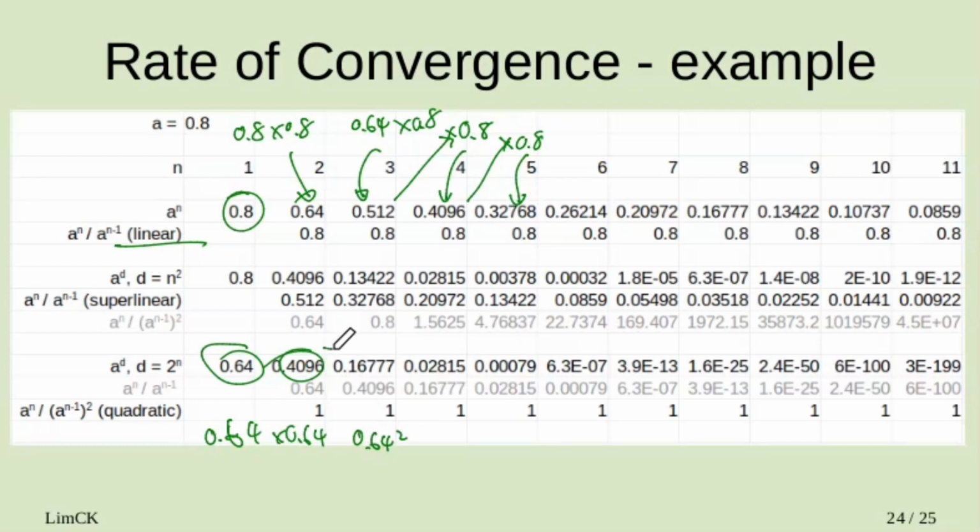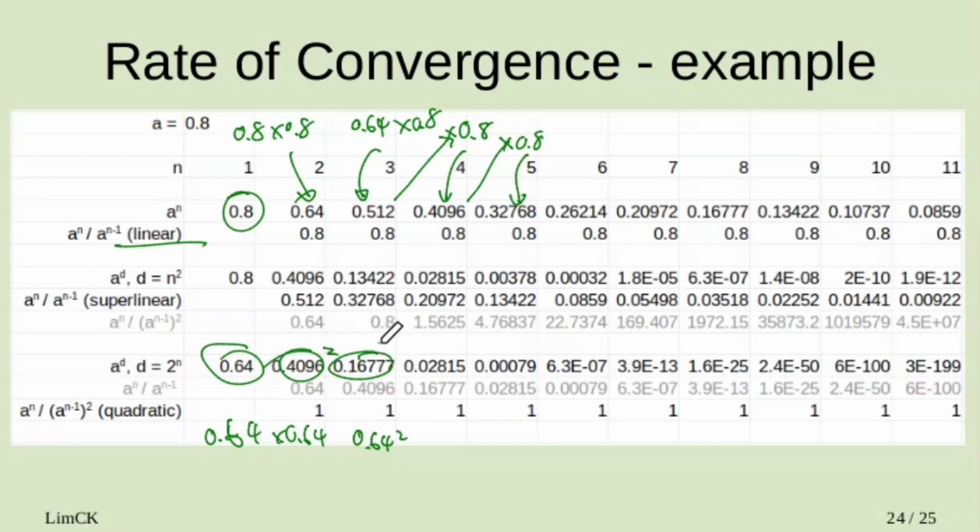With this you square again, you get this number. You see it converges much faster compared to the linear, right? In 1 to 3 iterations, you already reach 0.167. So it's about here already. So linear convergence is slower compared to the quadratic.